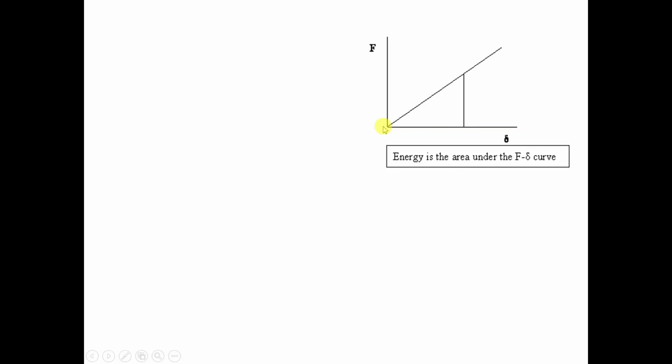So this is basically a linear graph. Now in this graph, if you want to find out the total work done due to the application of this force F, you can easily find it by calculating the area under this triangle.